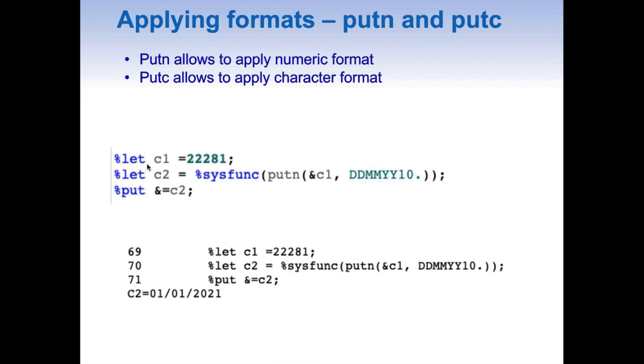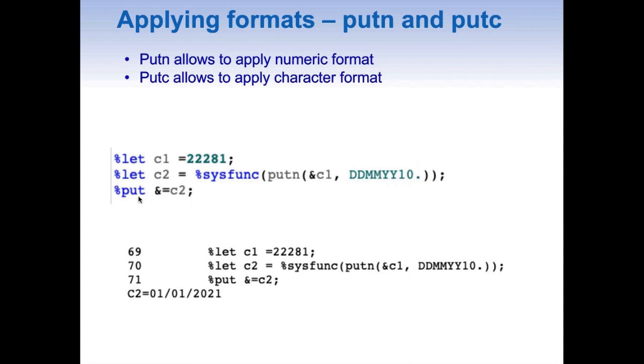In here I am doing %let c1 equal to 22281. This is a numeric value, even though this is a text, and we can apply a numeric format by doing a %sysfunc followed by putn, and then we are using our macro variable c1 which we have created here, followed by our format, that is ddmmyy10 dot, and this is a numeric format.